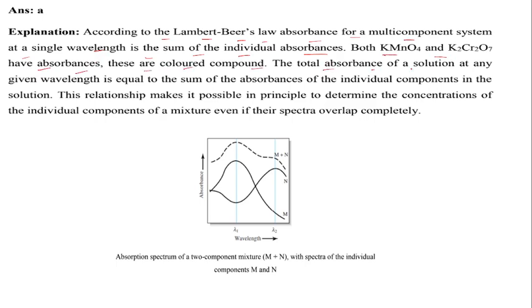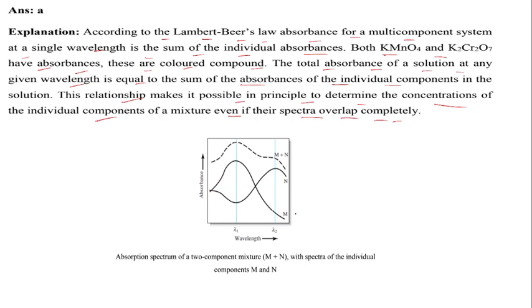The total absorbance of the solution at any given wavelength is equal to the sum of the absorbances of the individual compounds in the solution. This relationship makes it possible in principle to determine the concentration of individual components of a mixture even if their spectra overlap completely. Okay, so like that you can interpret. Here it is given very nicely.